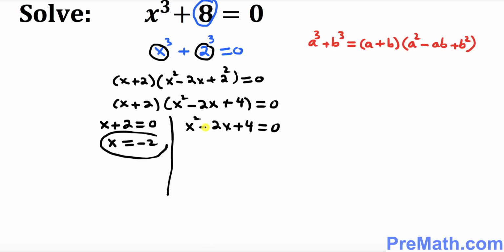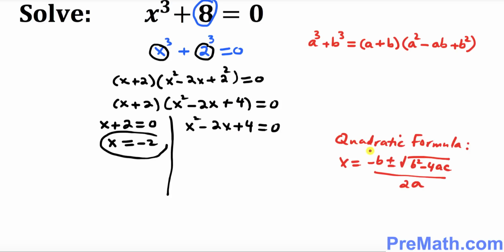Now we're going to solve this equation by using the quadratic formula. So this is our quadratic formula, and we're going to be using that one. In this quadratic equation, our a is going to be how much? 1, b equals negative 2, and c equals 4.